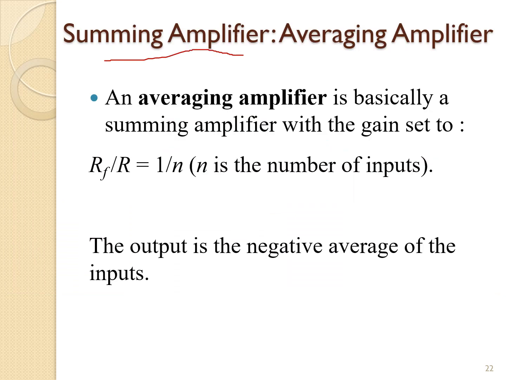Summing amplifier, averaging amplifier. An averaging amplifier is basically a summing amplifier with the gain set to RF over R equal to 1 over N, where N is the number of inputs. The output is the negative average of the inputs.